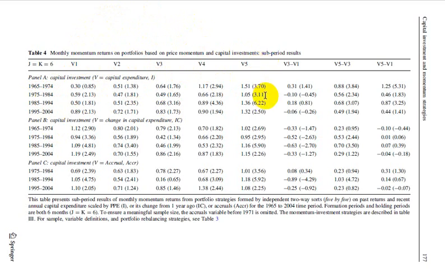And so as we saw in the previous tables, when we're looking at capital expenditure, the momentum profits tend to increase monotonically in most cases as the level of capital expenditure increases, and this has happened over each of the subperiods. And then when we're looking at the change in capital expenditure or the accruals, we tend to have more of a U shape in the momentum returns.